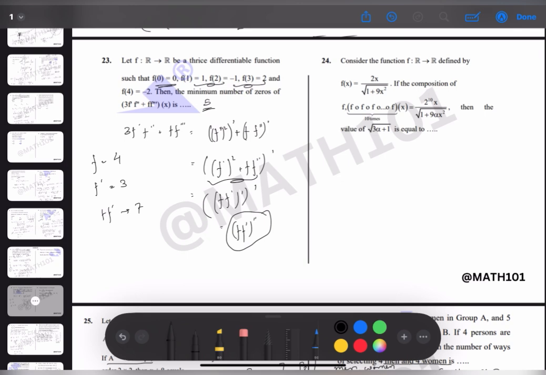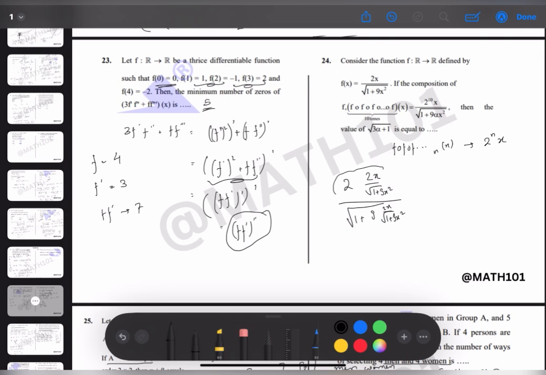Next, question 24. So f of n times of x, the numerator would be 2 to the power of nx, because f of x simply would be 2 into 2x upon root 1 plus 9x square, plus 9 into 2x upon root 1 plus 9x square.